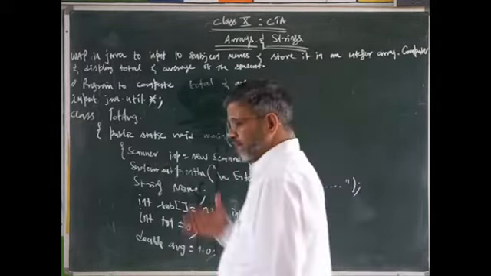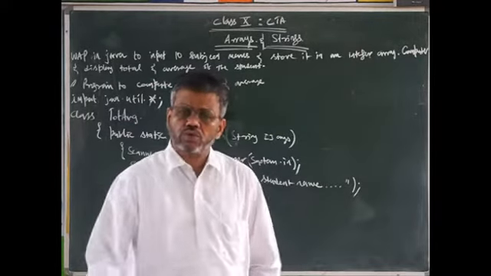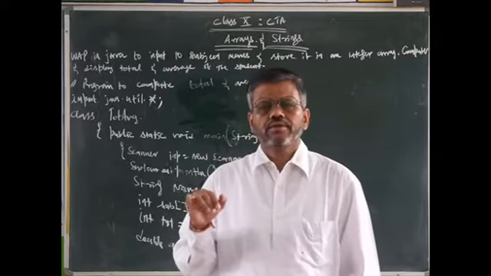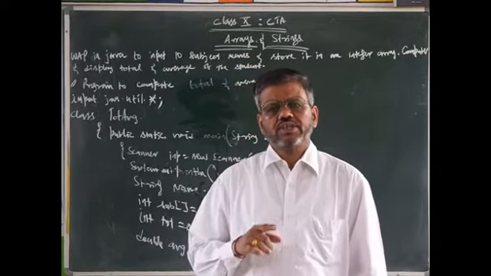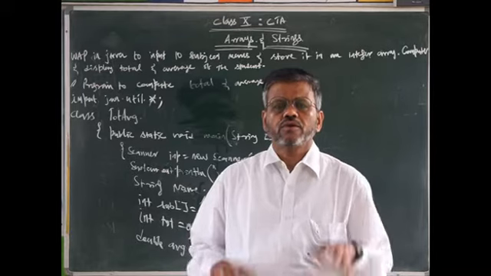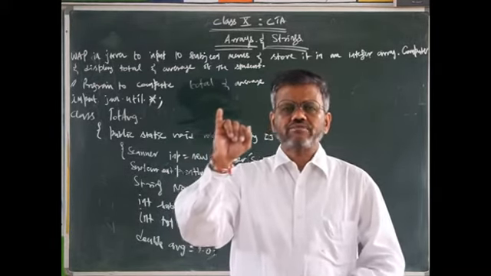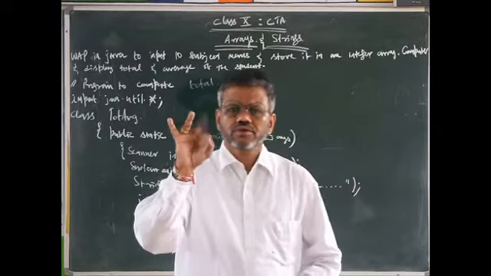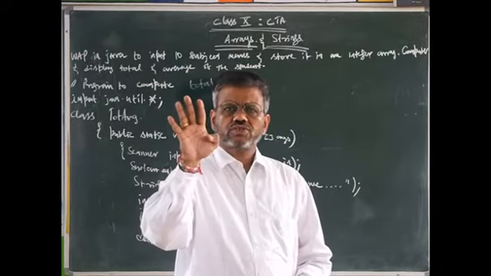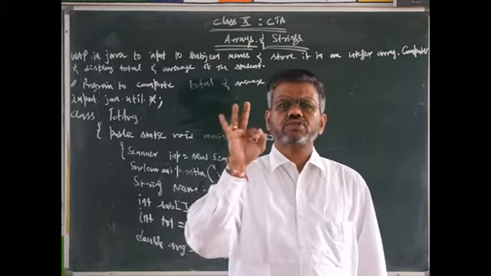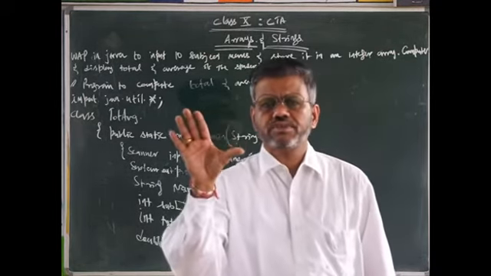I'll talk about the program, the question first of all. What do we do? Input the name of the student. Class 10 years, you must be knowing you have 10 subjects: English 1, English 2, second language, history, geography, mathematics, physics, chemistry, bio, and the 6th subject you have.